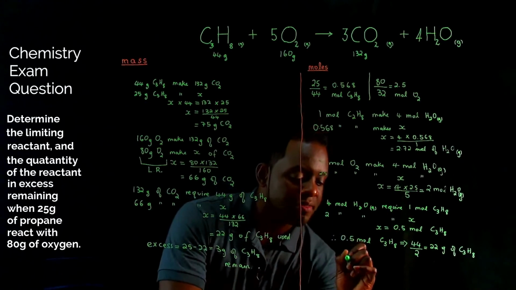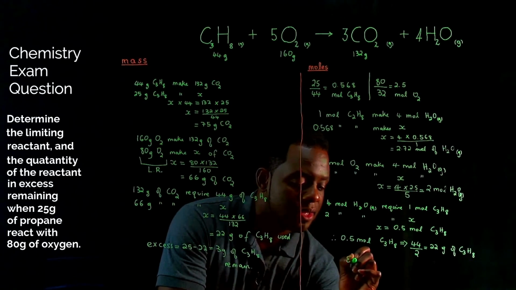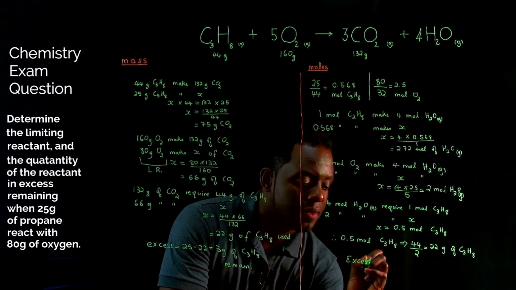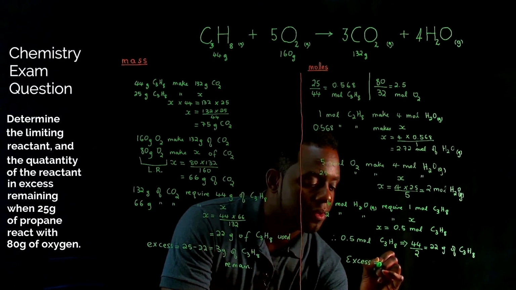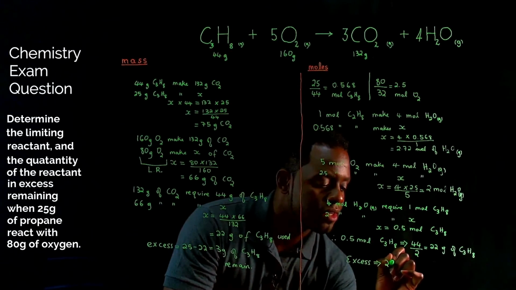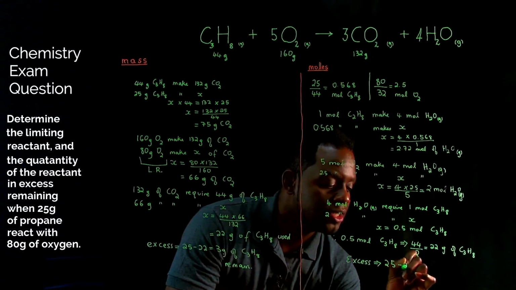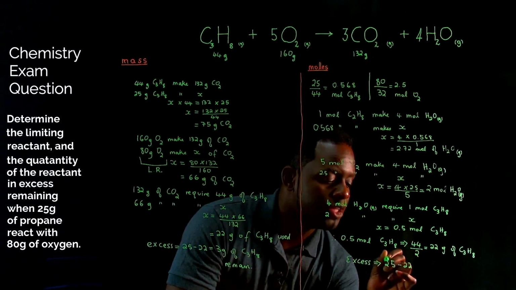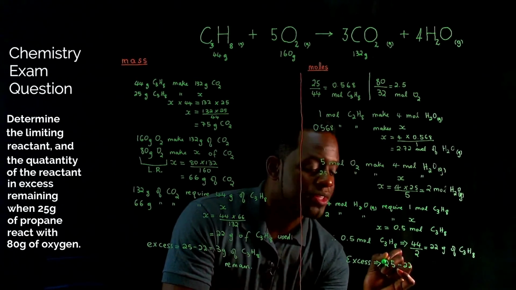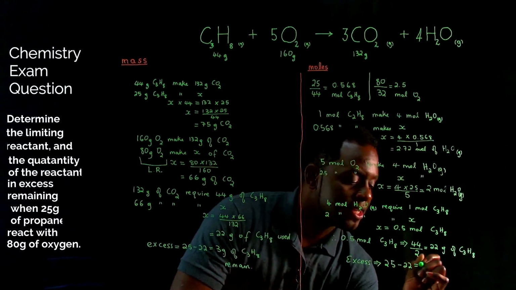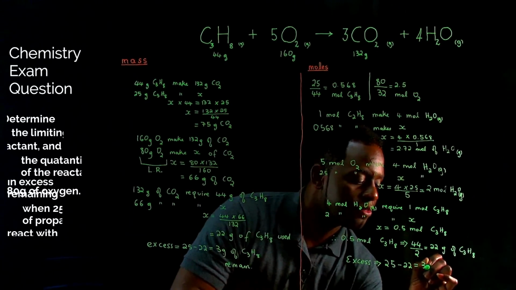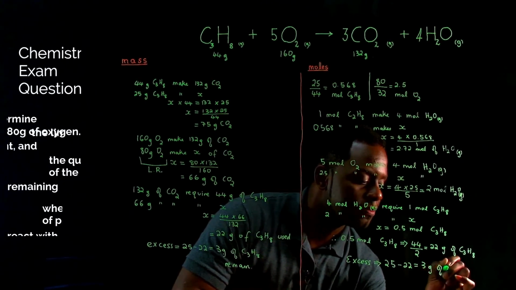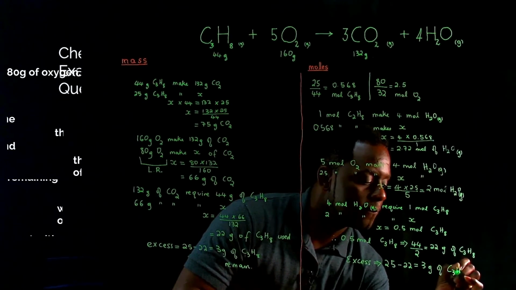So in terms of excess, we need to subtract 22 grams used from the 25 grams that we started with, and that works out to be 3 grams of propane.